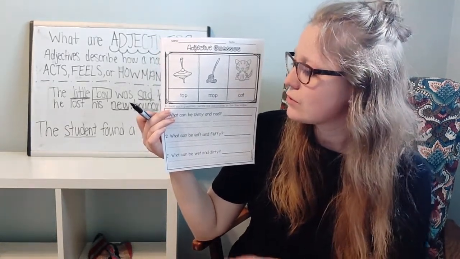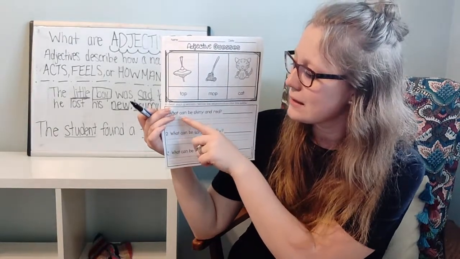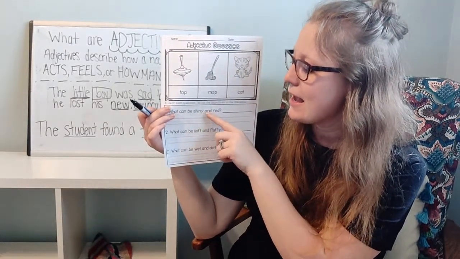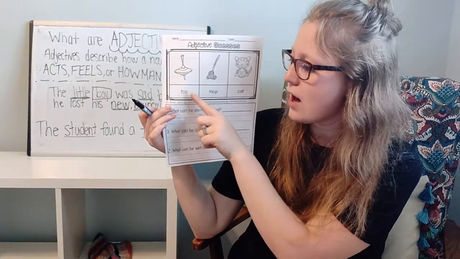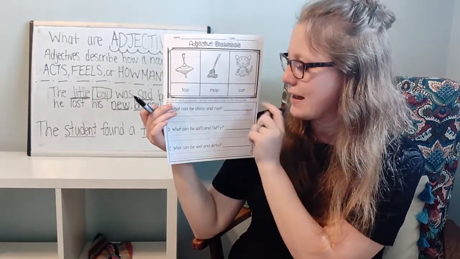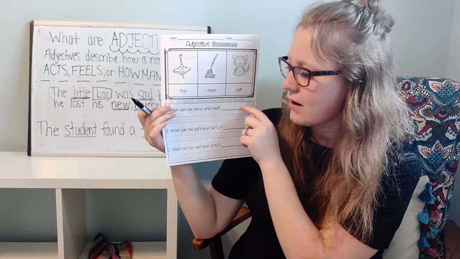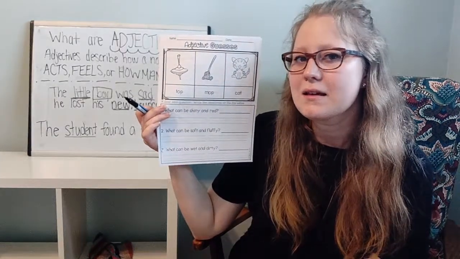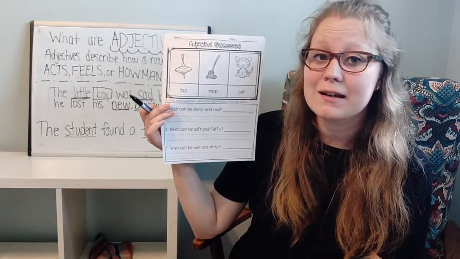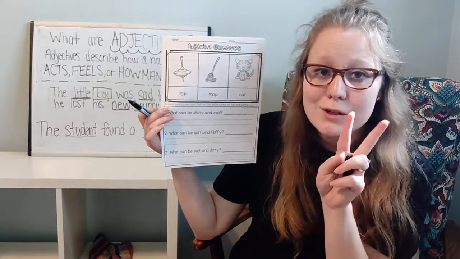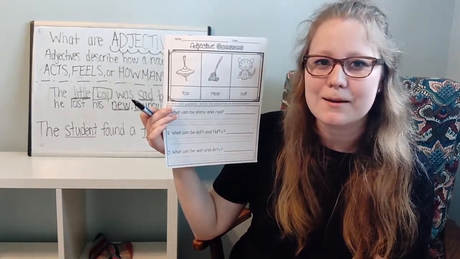I want you to try and think about what can be shiny and red. Could it be the top, the mop, or the cat? Write your guess on the line, and then think about how that item was described. What 2 words describe that item?